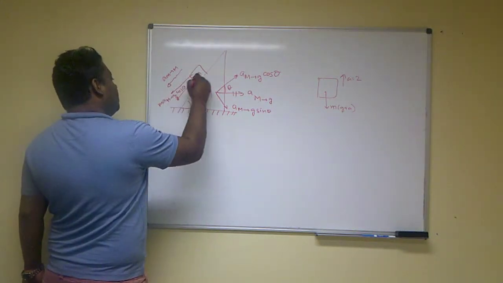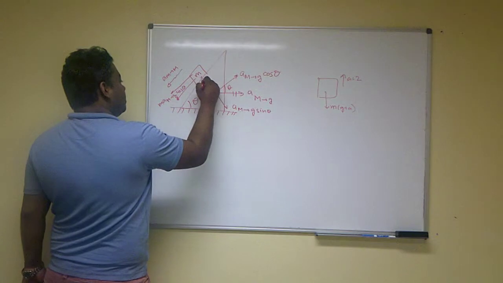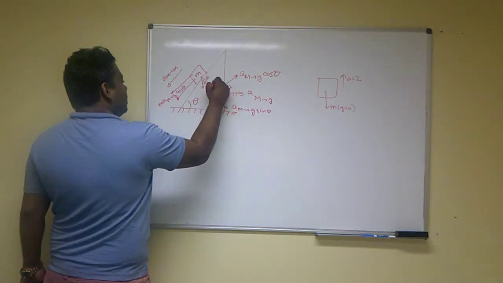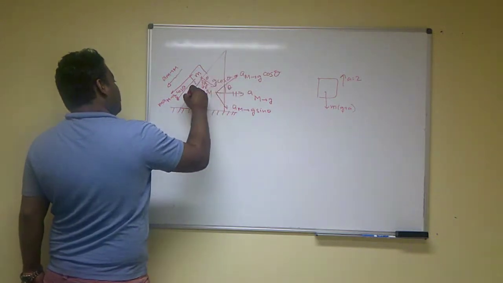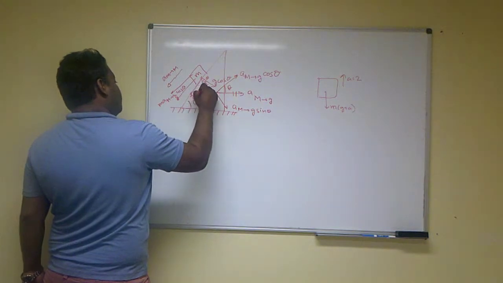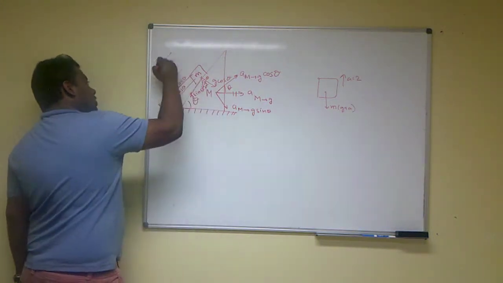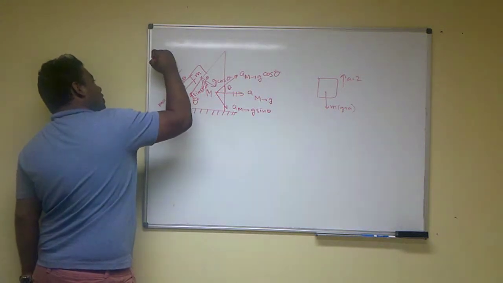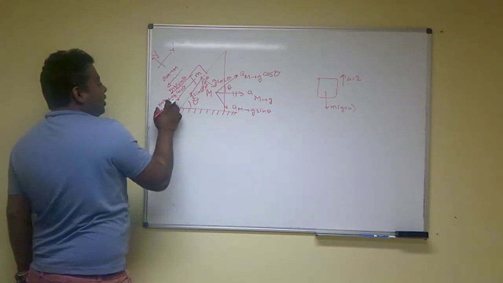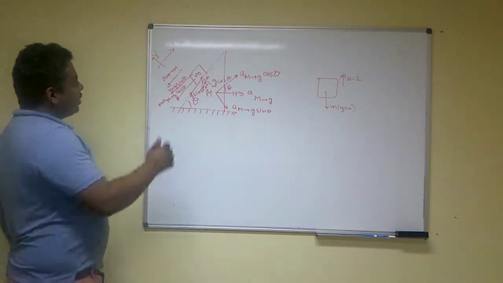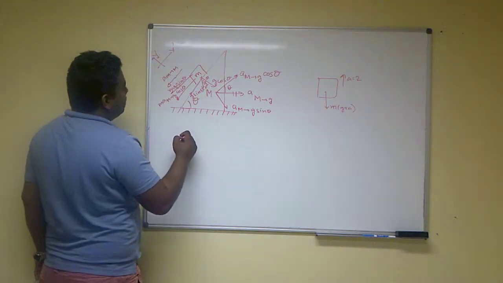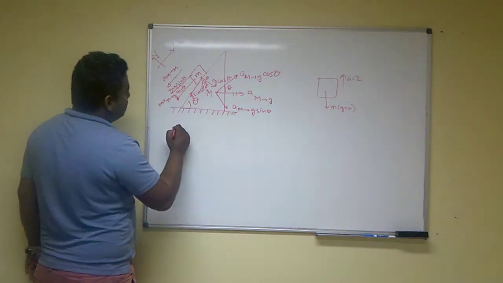Also, if you resolve G, it has a cos theta component and a G sin theta component. The G sin theta component will have a force of mg sin theta also in this direction. So if this is y prime and this is x prime, basically in the negative x prime direction, you are going to have two types of forces.